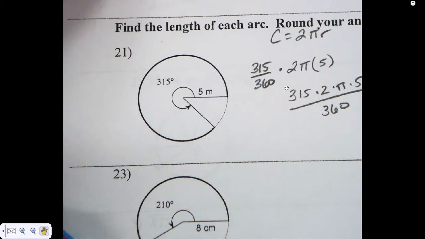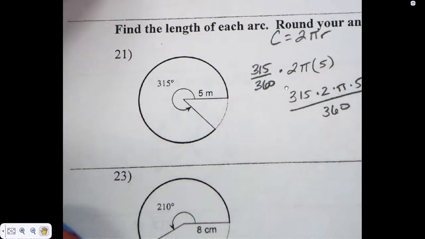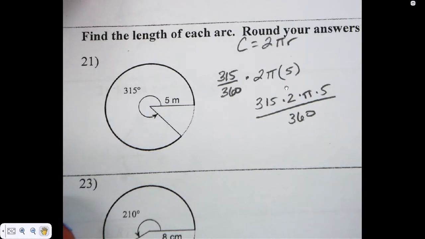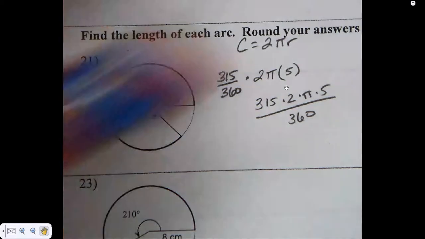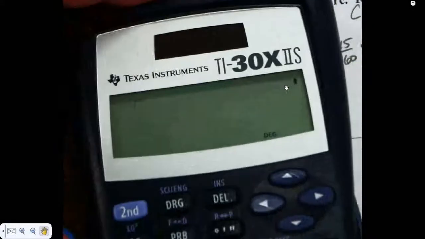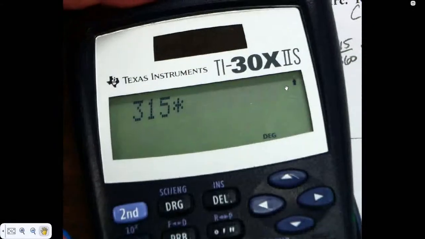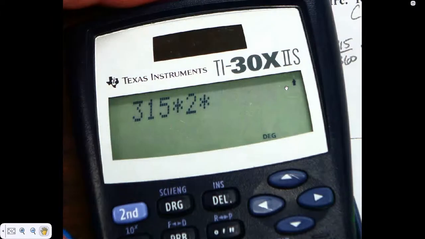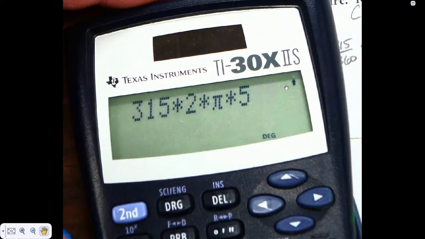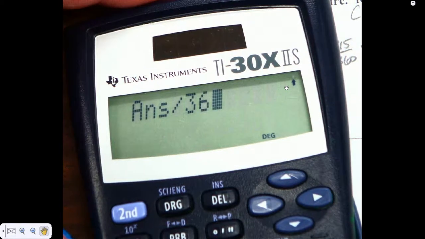It says round your answer to the nearest tenth. What do you get? Somebody? So 315 times 2 times pi times 5 equals, divided by 360.